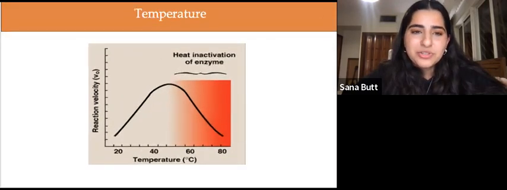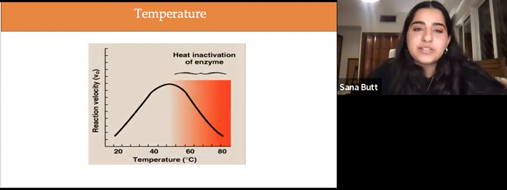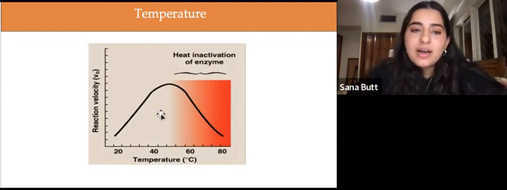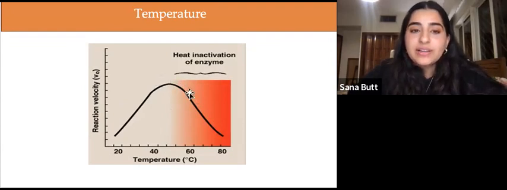It's otherwise known as the temperature coefficient, and usually enzyme reactions follow that because they are chemical reactions, and you can apply it to most chemical reactions. But once you reach the optimal point over here, the Q10 no longer applies, because after that you're inactivating your enzymes through denaturation. So it explains the slope over here and how much your reaction velocity is going to increase with each temperature increase.